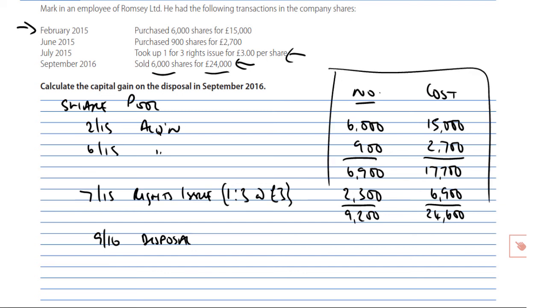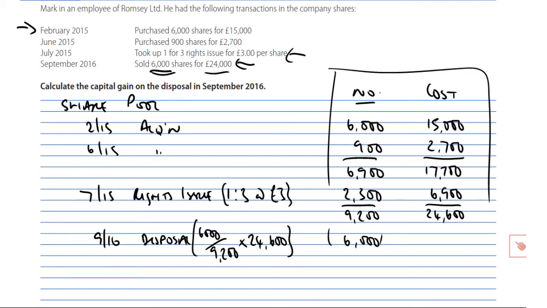And now the disposal. How many of their shares are being sold? 6,000 shares. Therefore, 6,000 out of 9,200 shares in the pool times the allowable cost of £24,600.